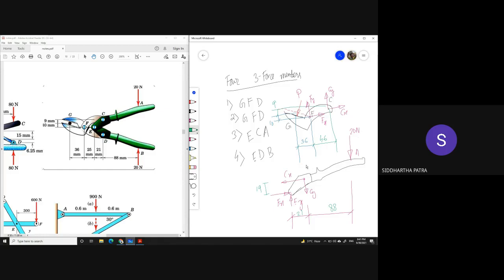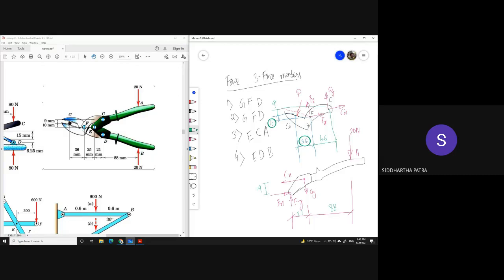I believe with this set of free body diagrams, you should be in a position to get the solution. So of course, you need to resolve P into X and Y components, and that you can do by using these two dimensions, 10 and 36.